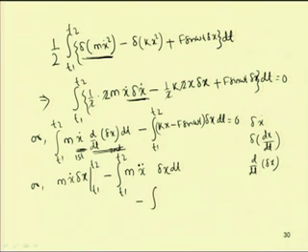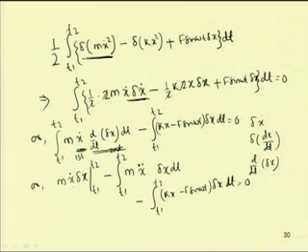Minus the integral from T1 to T2 of k x minus F sin omega t del x dt equals 0. As I already told you, del x vanishes at T1 and T2, so this boundary term becomes 0.